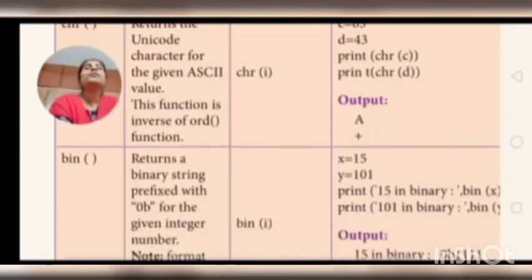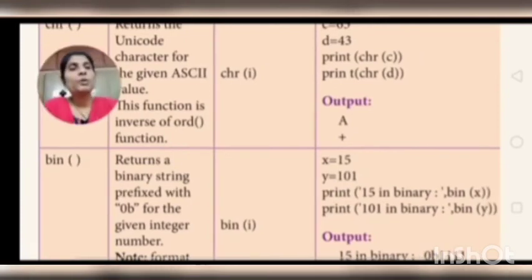So next we have the function bin. bin returns us the binary value of any number. It requires one argument, and that argument must be a number. When we pass that number, it will return the binary value of that number prefixed by the characters 0b, b for binary.